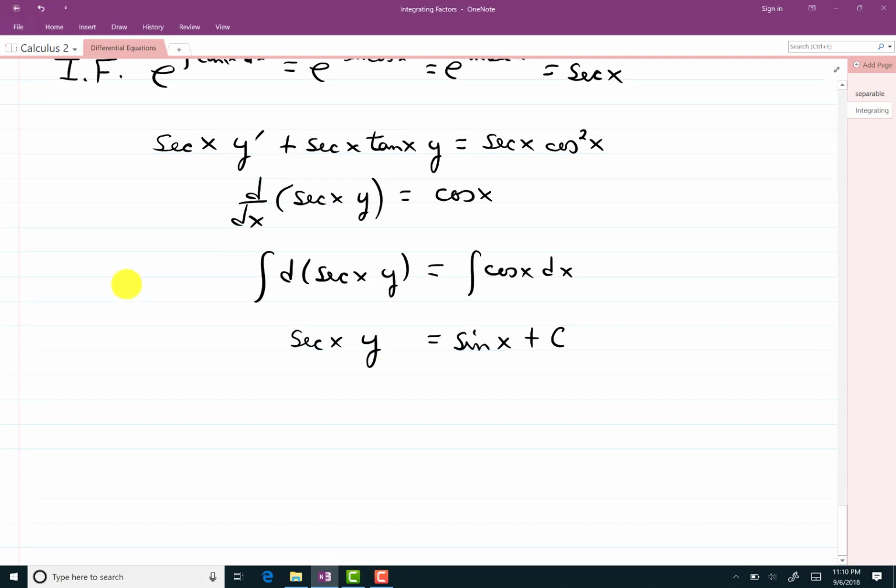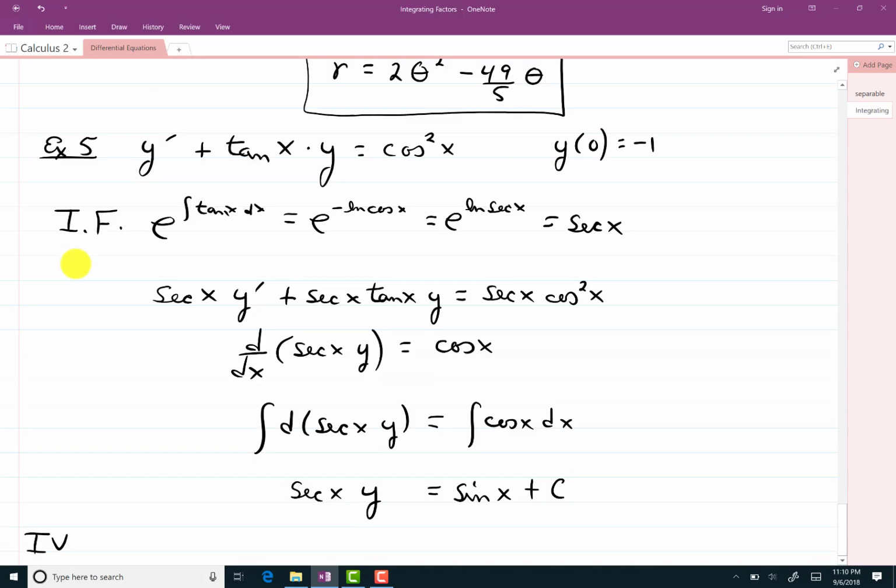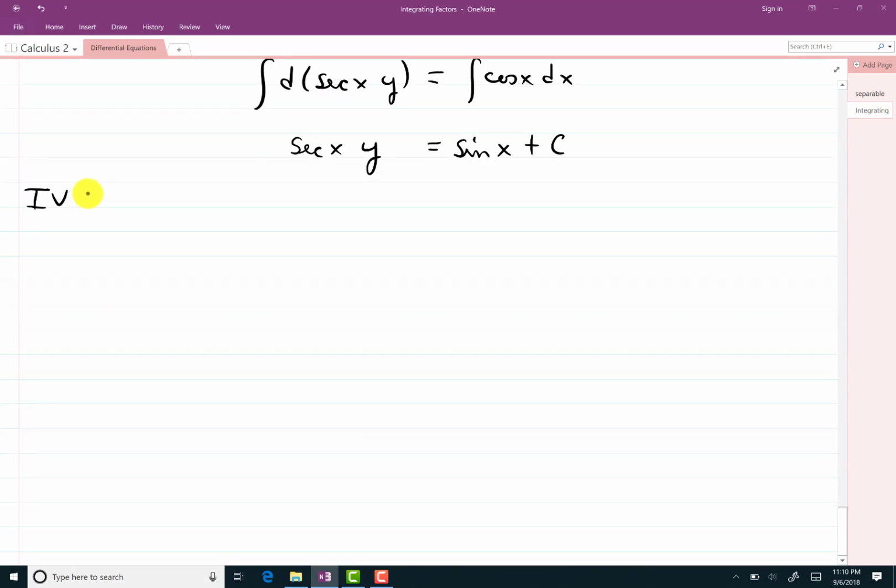And remember, this was an initial value problem, so the initial value that I had was y of 0 was negative 1. So I'll replace x with 0 and y with negative 1. So I'll get secant of 0 times negative 1.